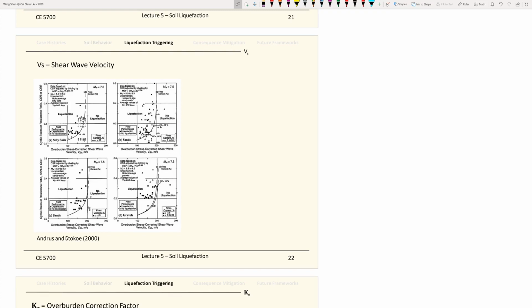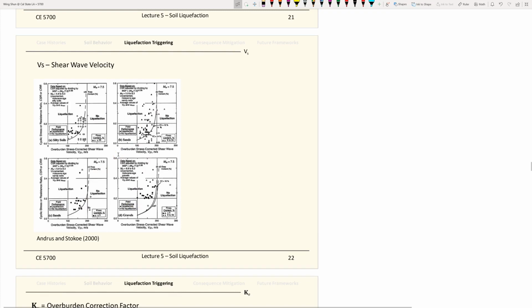So again, Dr. Stokoe at Texas, and Andrus is one of his students. He came up with the triggering curve, the liquefaction capacity curve, dividing the data where you have liquefaction versus no liquefaction, depending on different scenarios.